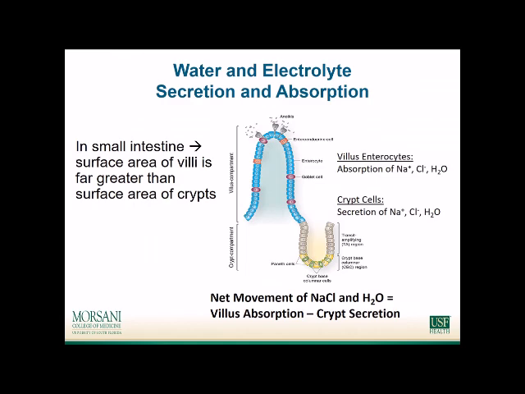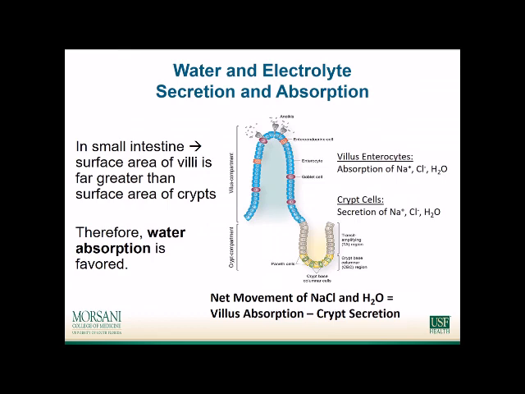And so by far, if you think about secretion and absorption of nutrients, in the villi, where we have mostly an absorptive phenotype for absorbing things like sodium, chloride, and water, versus the crypt compartment, where these crypt cells are important for secretion of sodium, chloride, and water, then because there's a lot more surface area of the villi compartment, we understand that water absorption is predominantly favored.